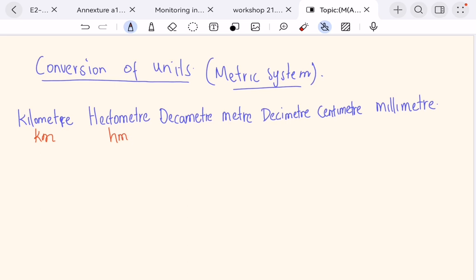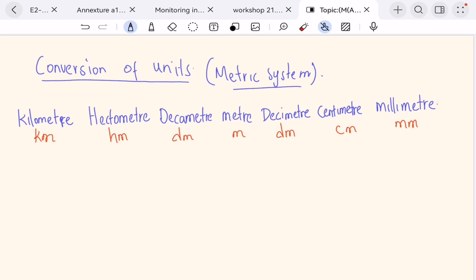For the decameter, we use dam. For the meter, we use m. For the decimeter, again, we use dm. And then the centimeter, as you have seen in our previous video, is cm, followed by mm for millimeters.